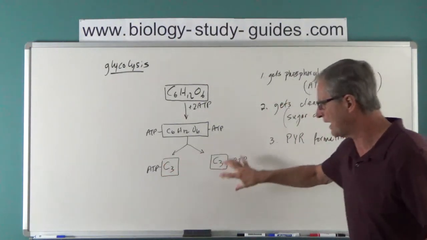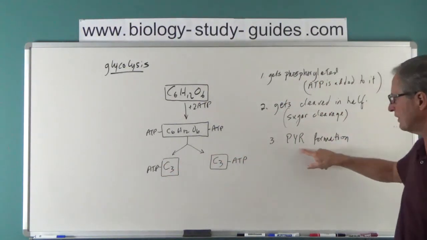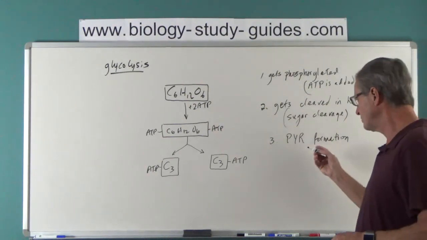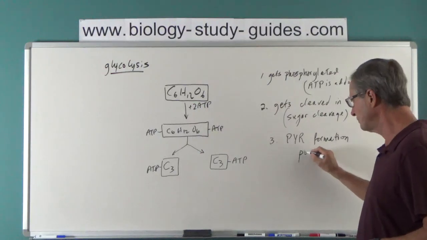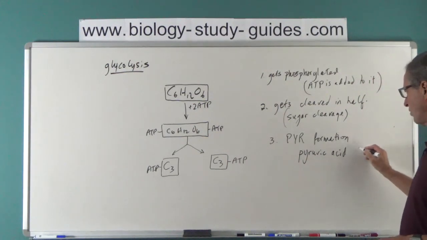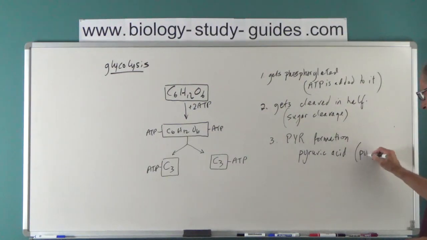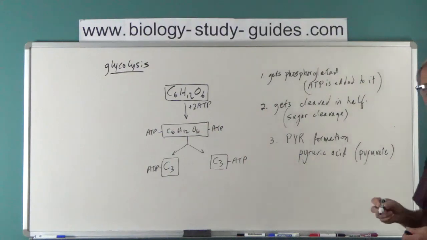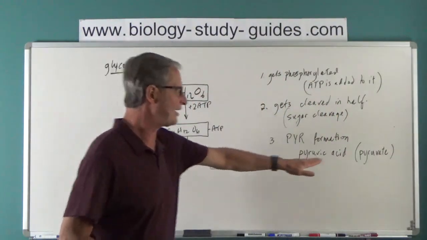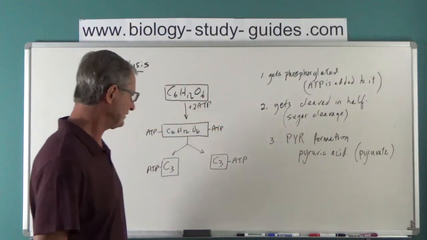These things here, identical kind of molecules, they get converted into what is abbreviated as PYR, which, if we take the full name, it's pyruvic acid, or we call it pyruvate, which is the ionic version of it, because it's in a solution, it's in a cell, it's going to be ionic, but it is pyruvic acid.